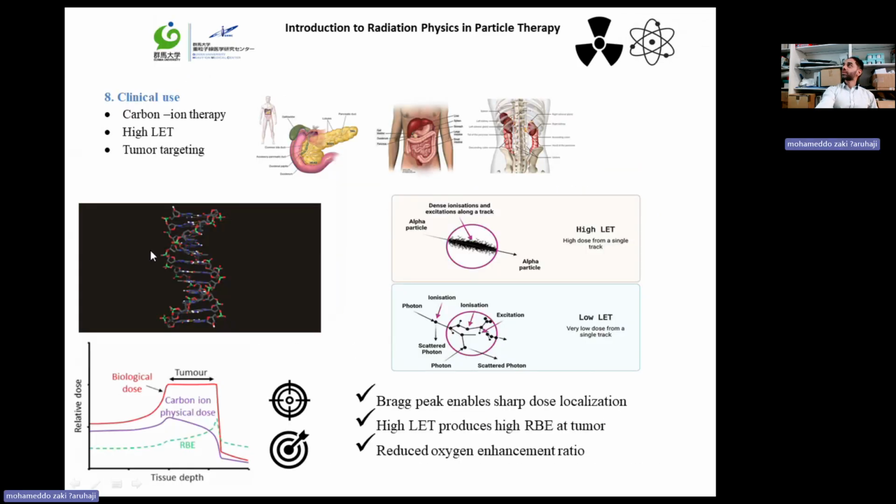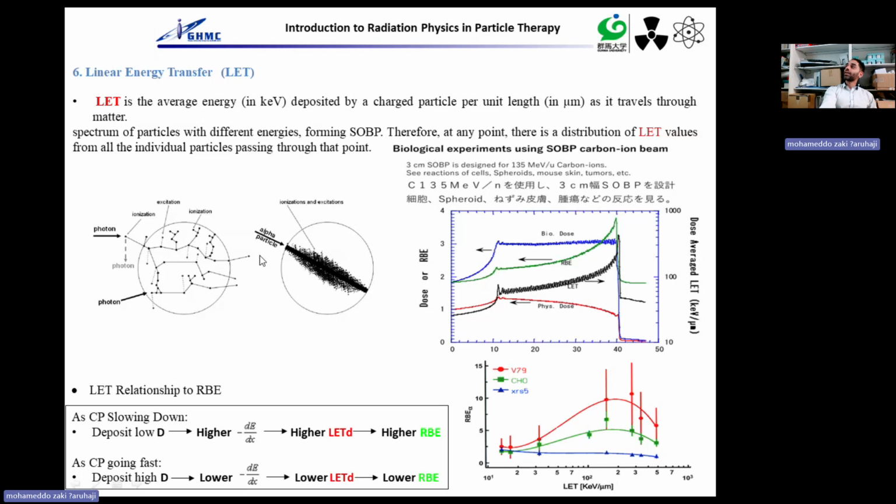Whereas with the high LET, the ionization and excitation is happening like a straight track. This is why we have a very good double strand break.